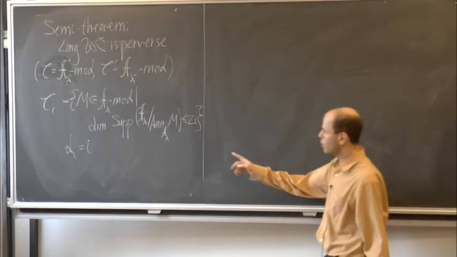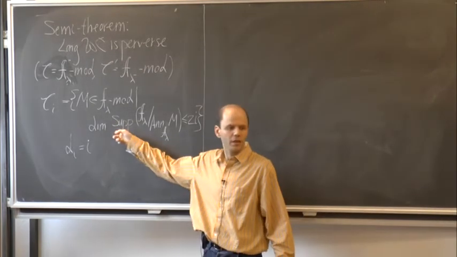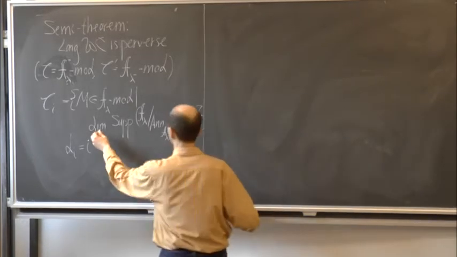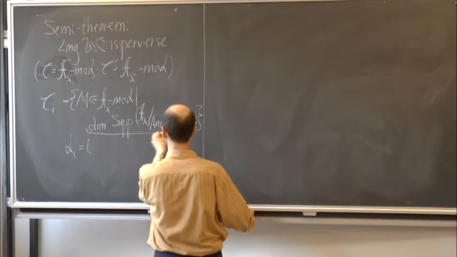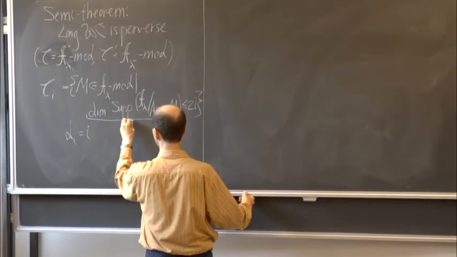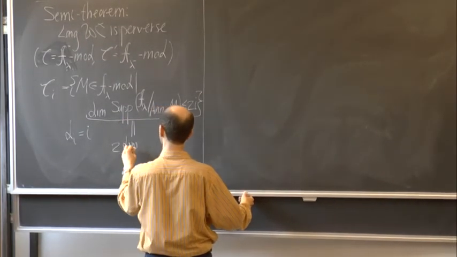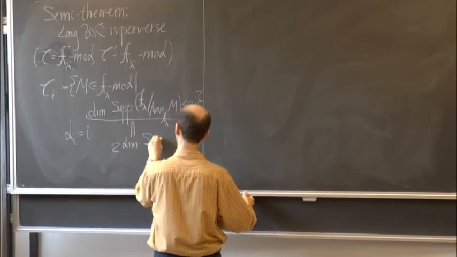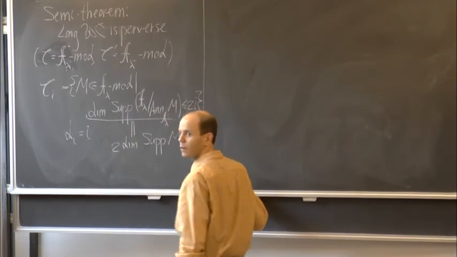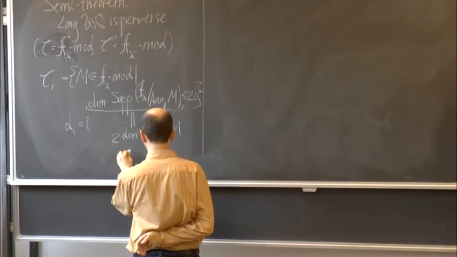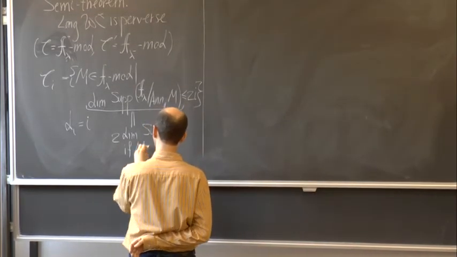For holonomic modules, this dimension is twice the dimension of the support of M, so this is the dimension of the support of M if M is holonomic.